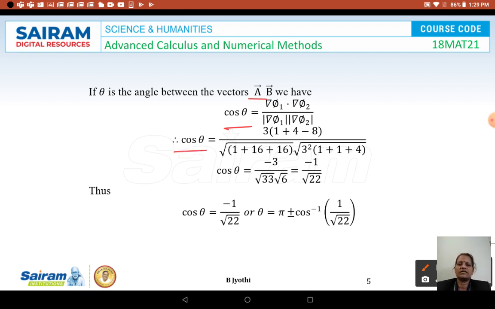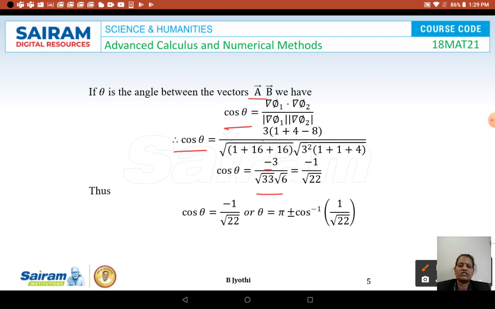So cos theta is given by the dot product of del phi 1 and del phi 2, which is 3 times (1 plus 4 minus 8), divided by root of (1 plus 16 plus 16) into root of (3 square into (1 plus 1 plus 4)). On simplification the numerator is minus 3 and the denominator is root 33 into root 6.